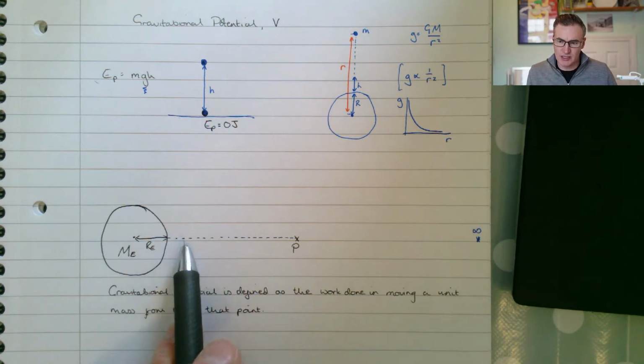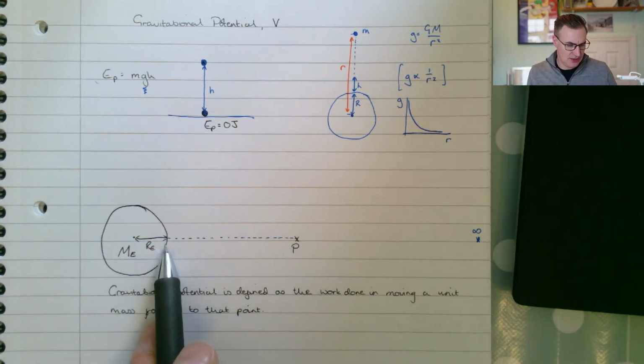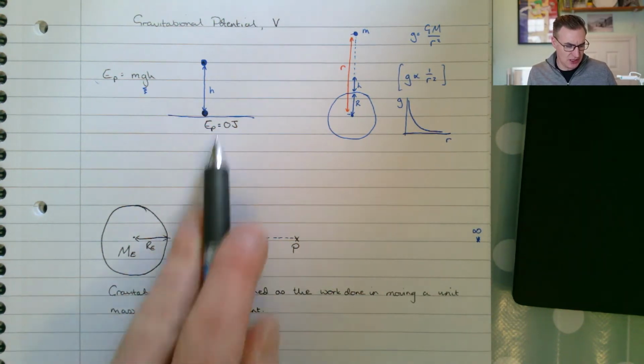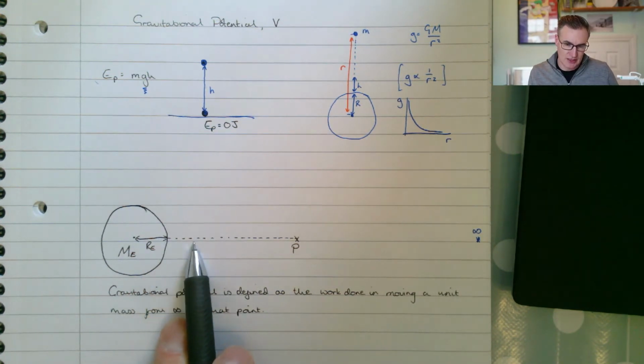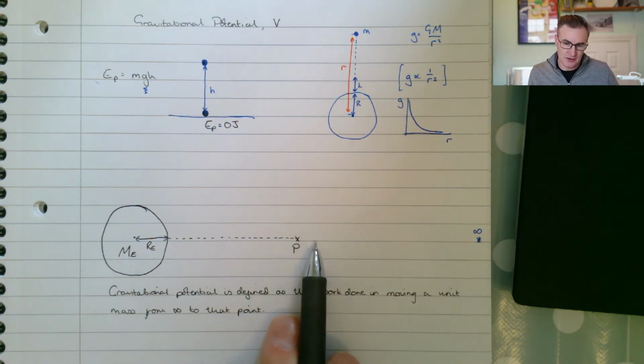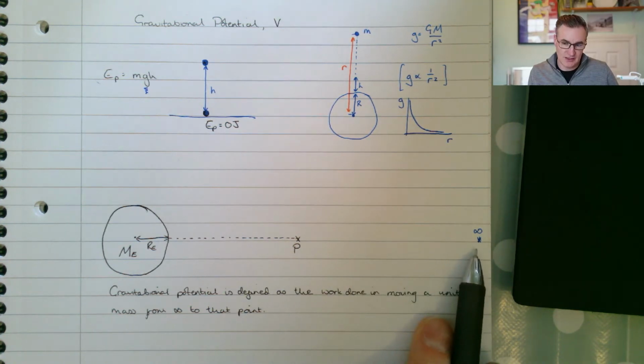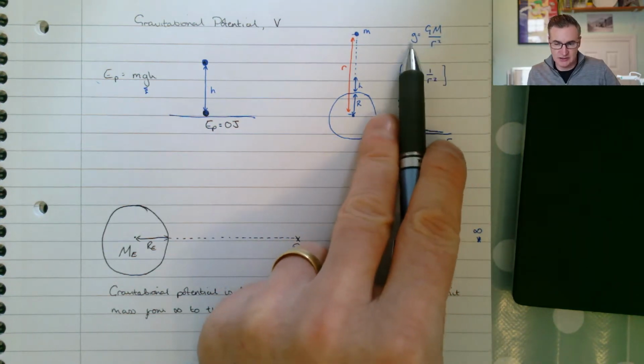The way we were looking at it now is that, well, if you take an object and you raise it up the height there, it's going to still fall back down. But if you go far enough away, in fact, if you go to an infinite distance away, well, let's just look up here.